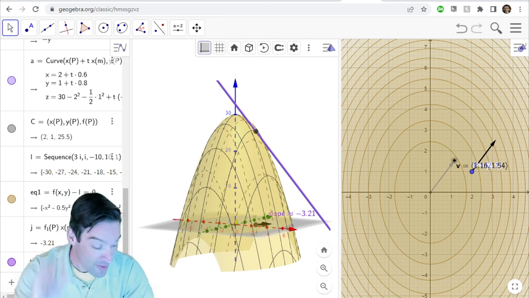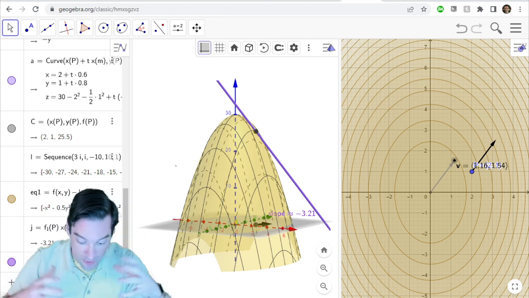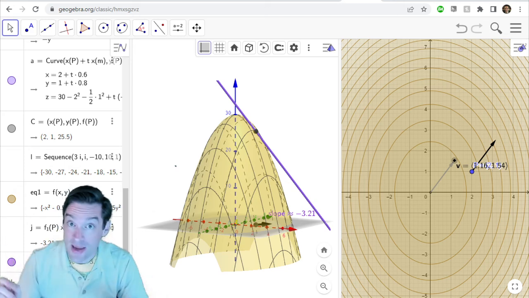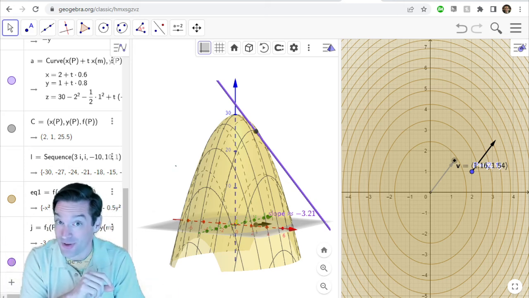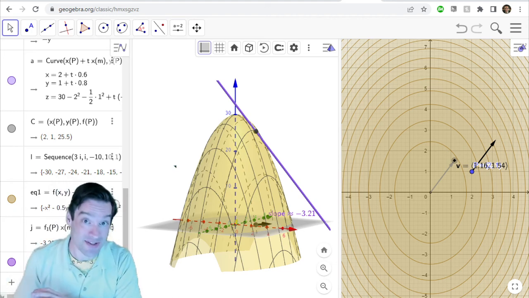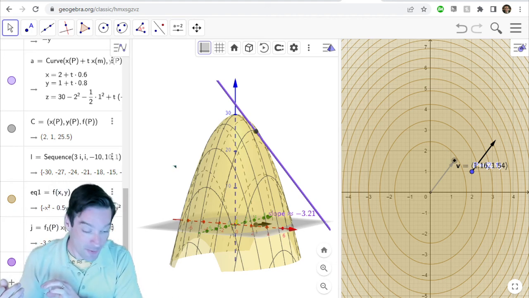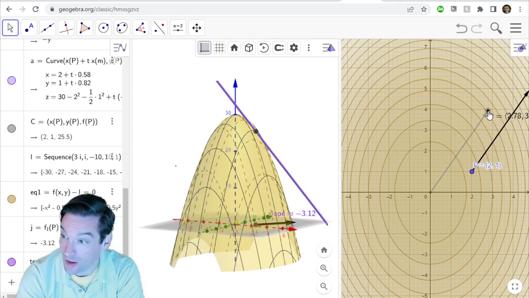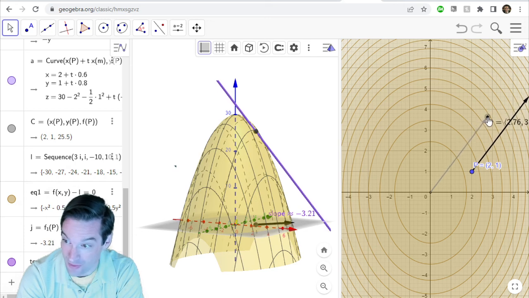This is a lot of what mathematicians do when they create a new way of computing something: if you have to make choices along the way in your computation, very often you want to make sure that your answer doesn't depend upon the choices that you made. If I'm looking for the slope of a tangent line, I want it not to matter how large or small the direction vector is that I choose to represent that line.